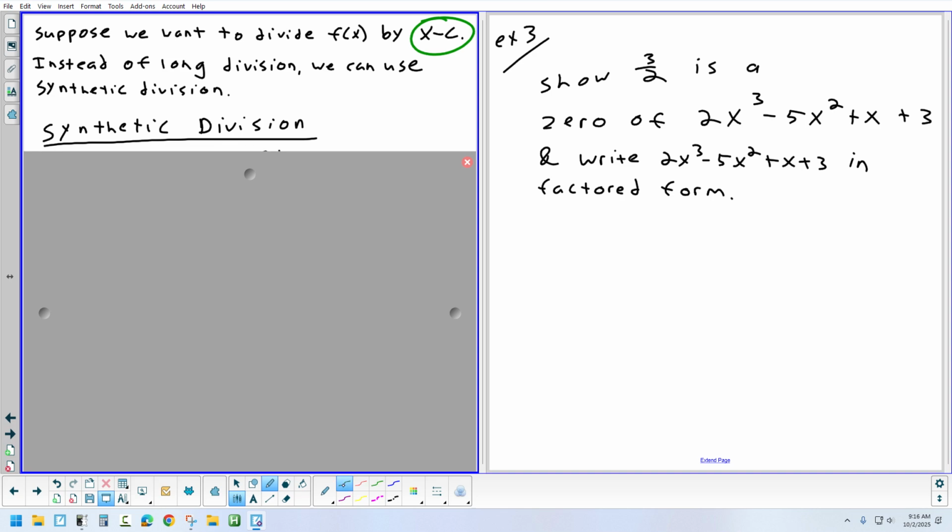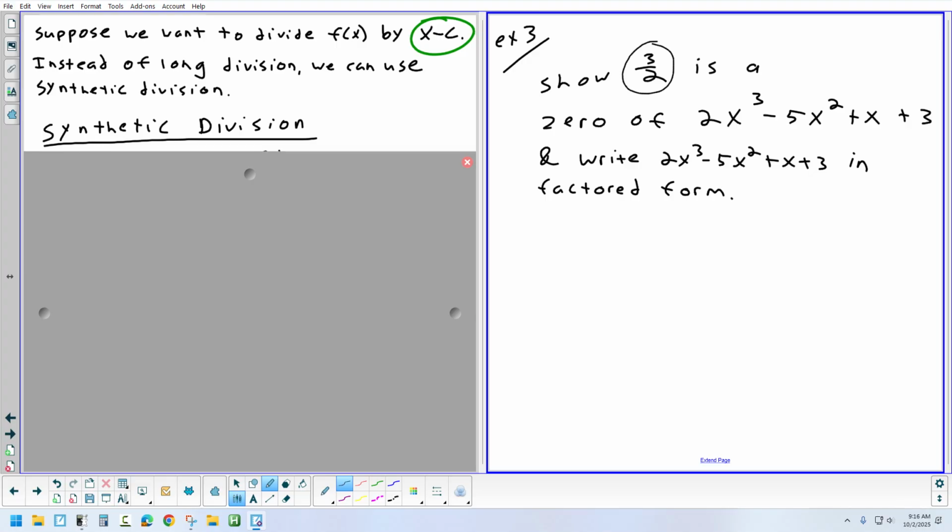All right. So they want me to use synthetic division here to show that this is a 0 or a root. I'm not going to directly show that that's a root. Instead, I'm going to show that something is a factor.